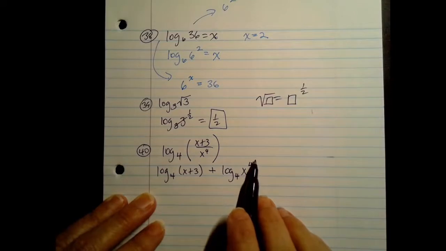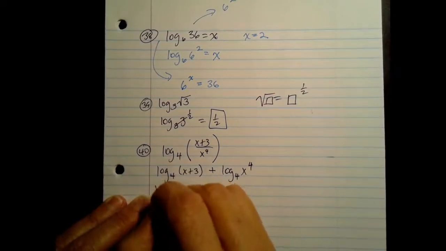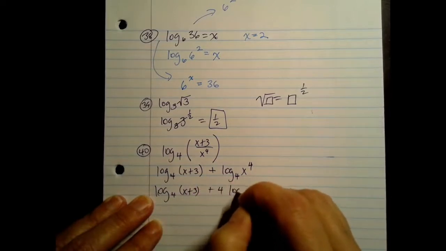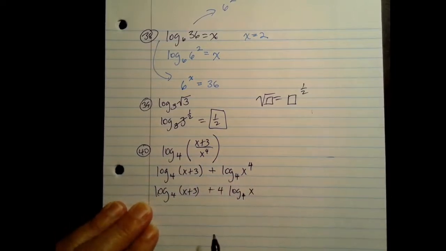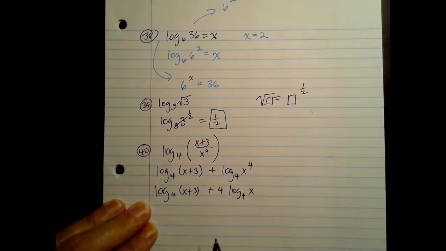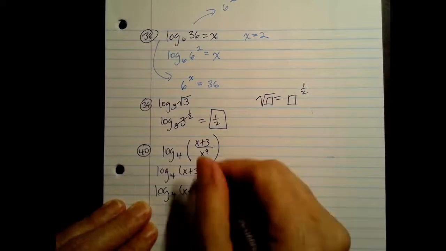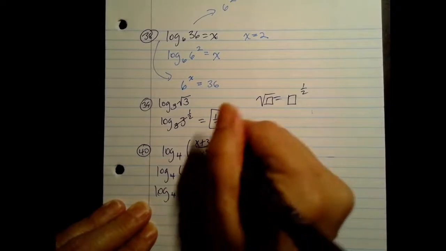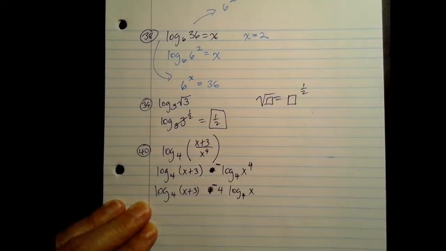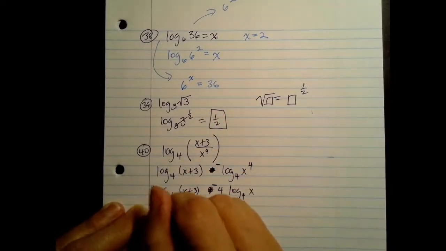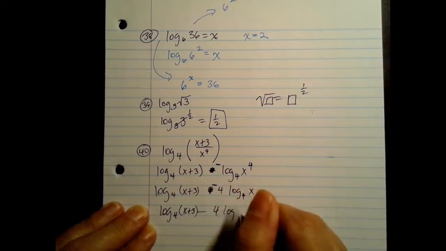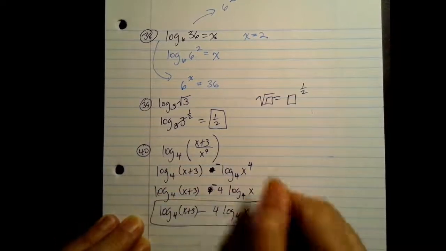And so then my next step is to go ahead and pull that exponent down. And that is number 40. Oh, I said subtract and I put an add. I'm sorry. Remember, quotient rule, you subtract. And so there's your answer. Log base 4 of x plus 3 minus 4 log base 4 of x.